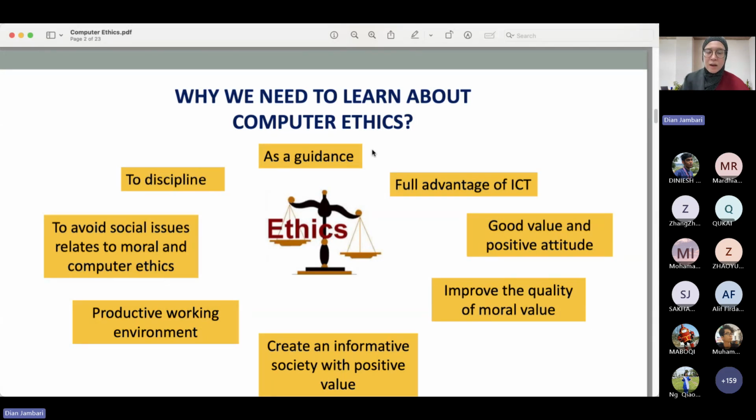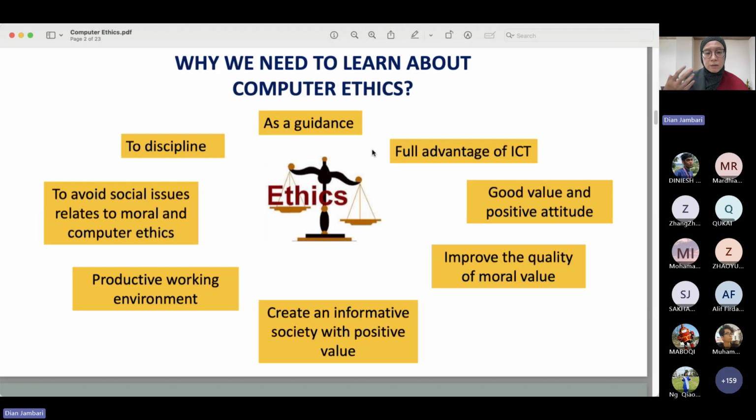Why do we need to learn about computer ethics, particularly in our position as IT professionals or computing professionals, and also as IT users? For obvious reasons, we need to learn about computer ethics as a guide.